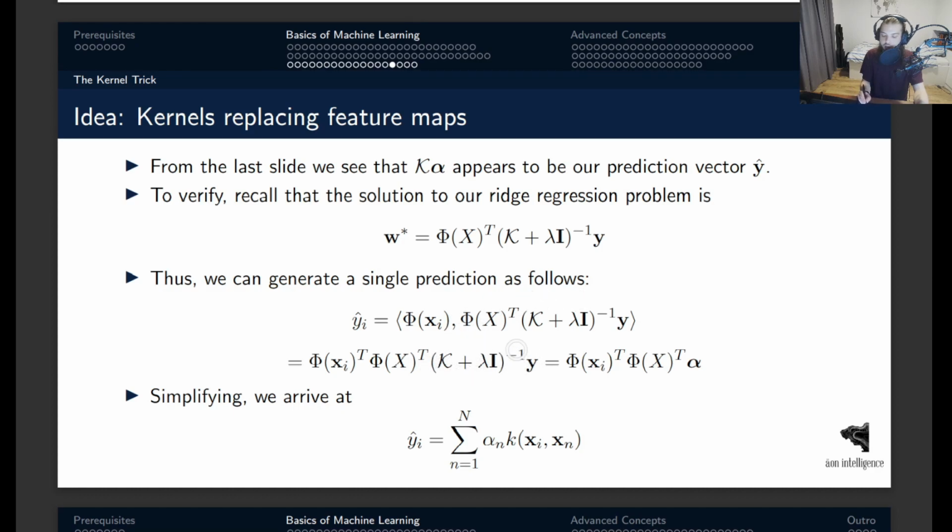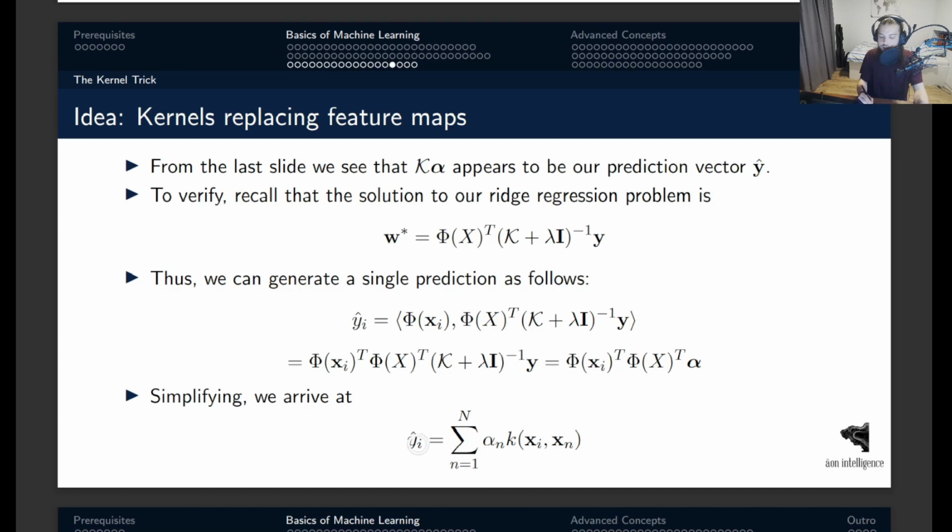And then finally, recall that we called this expression, K plus lambda times the identity, inverse of that, times y, we called this alpha. And we are left with this rather compact expression, phi xi transpose phi x transpose alpha. This is an individual prediction, yi hat. And on the next slide, I will show you that you can simplify this expression to arrive at this one.